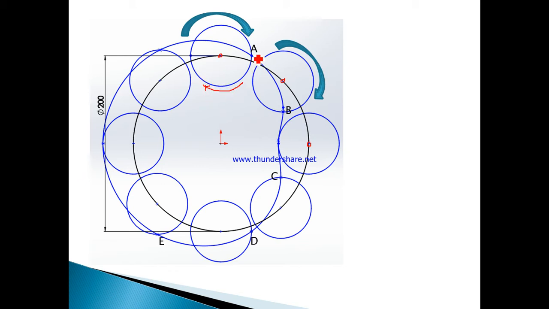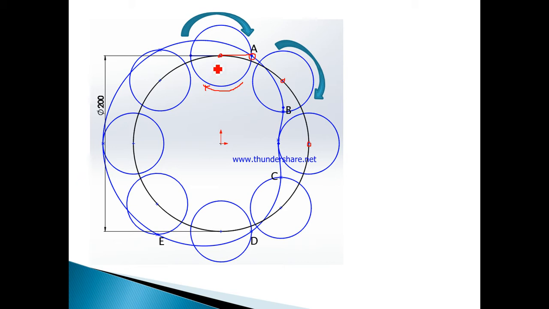So let us take one point on the periphery of the small circle. I assume it is 0 degree.